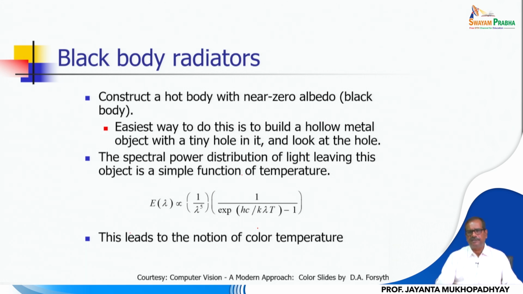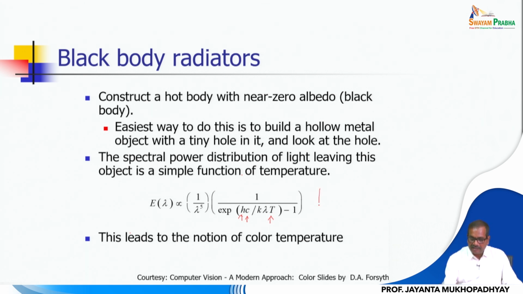This is the famous Max Planck's spectral power distribution, and in this equation you can see the constants, like Planck's constant, and then you also have the velocity of light, and T is the temperature, which is expressed in Kelvin. Lambda is the wavelength. So this is how it is related, and there is a certain kind of profile.